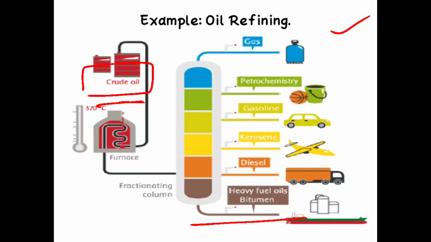The part of the mixture with the highest boiling point, which is the petrochemistry, boils last and is collected from the top of the column. This type of distillation is called fractional distillation, and by this fractional distillation, petrol, diesel, kerosene, gasoline, all are separated from the crude oil.